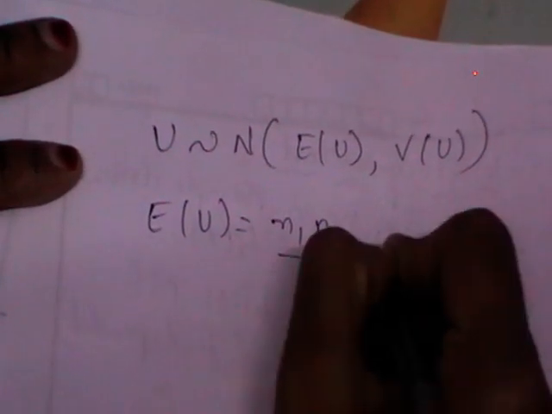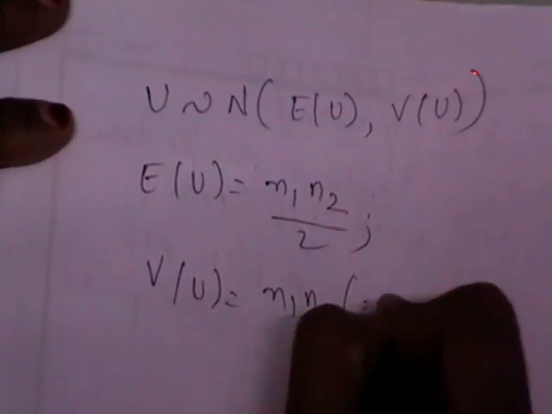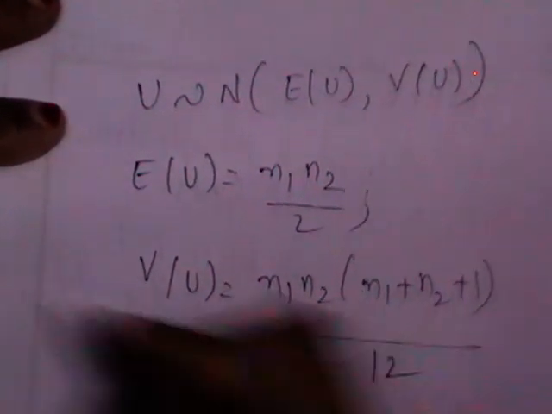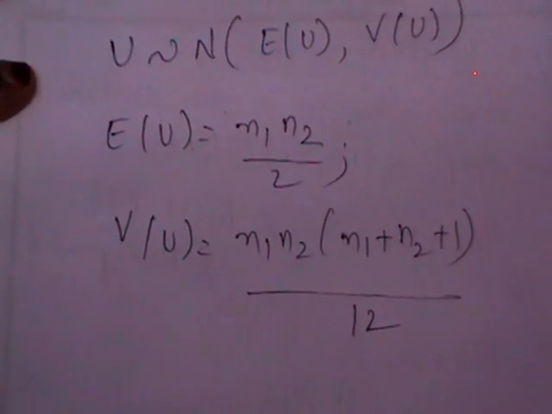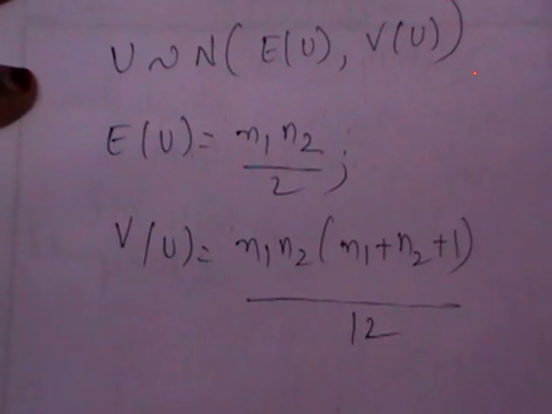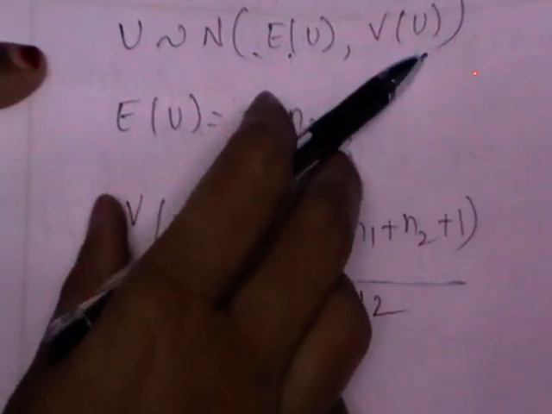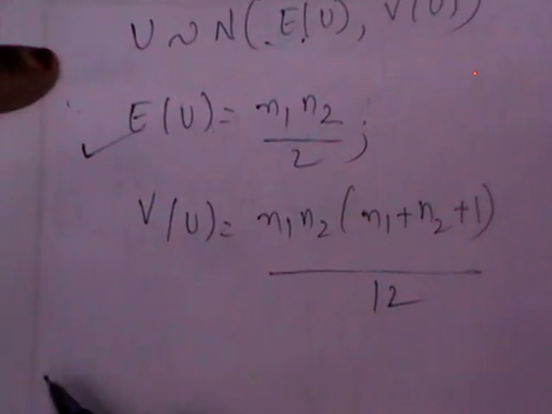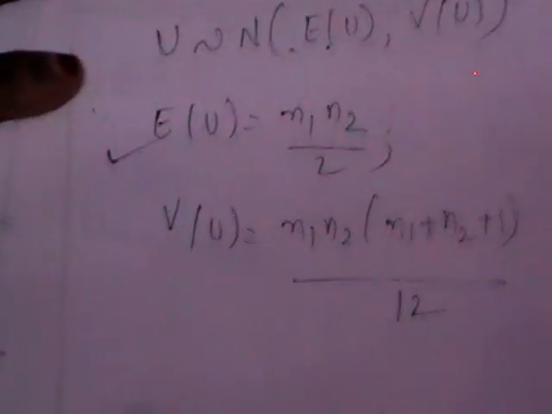Mean is N1 N2 by 2 and variance of U is N1 N2 into N1 plus N2 plus 1 by 12. Mann-Whitney suggested that this U is going to be normal with these parameters E(U), V(U).